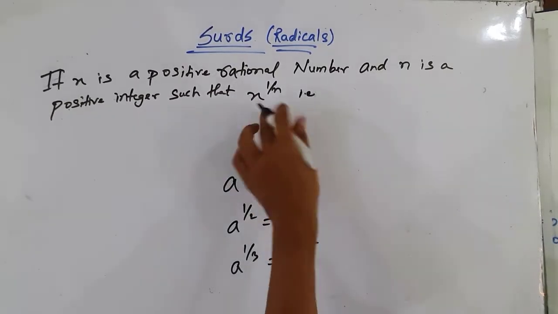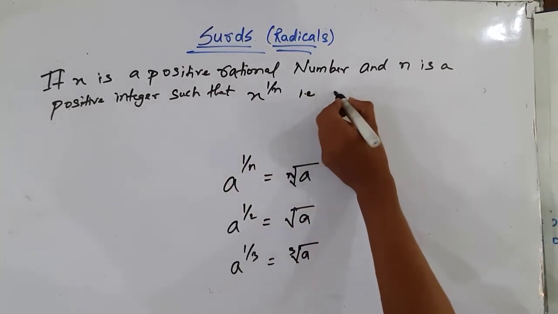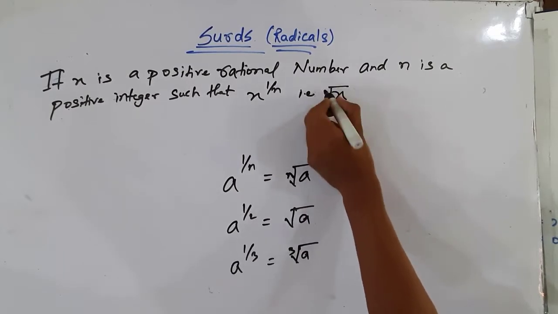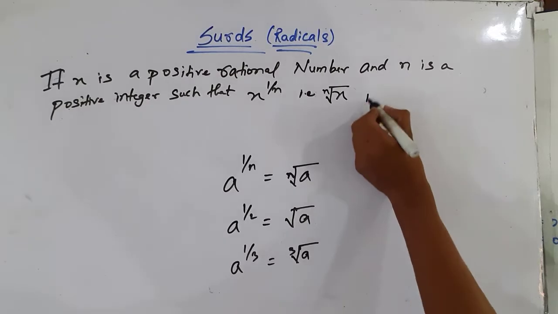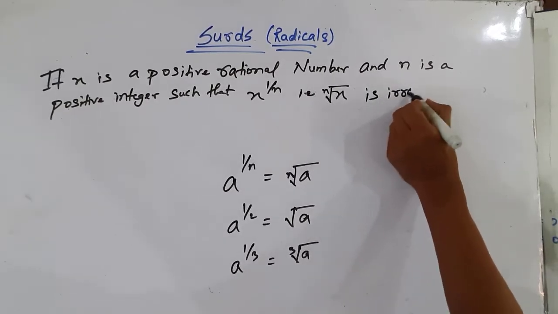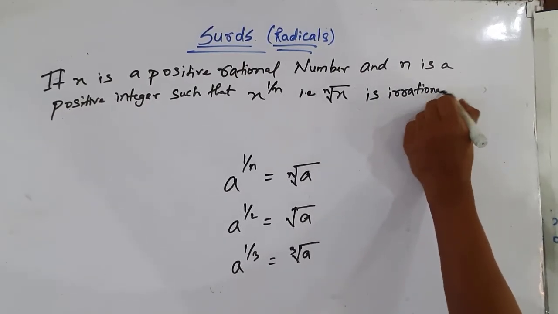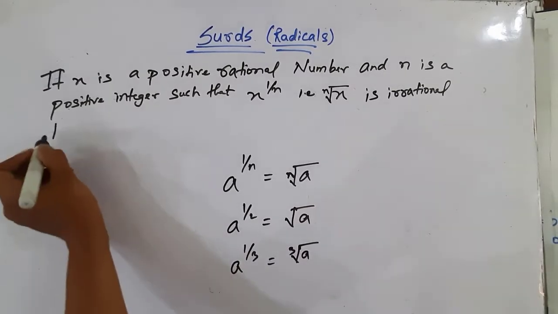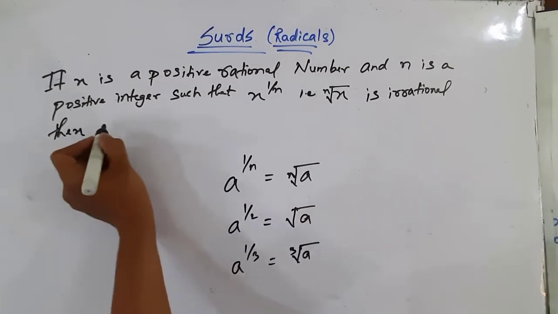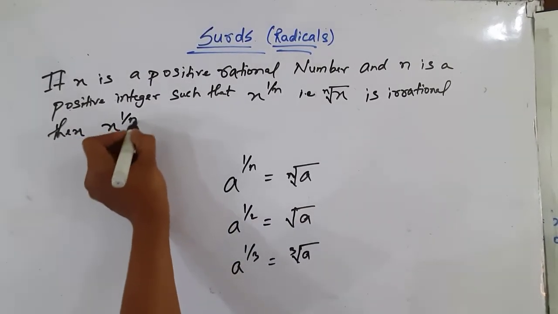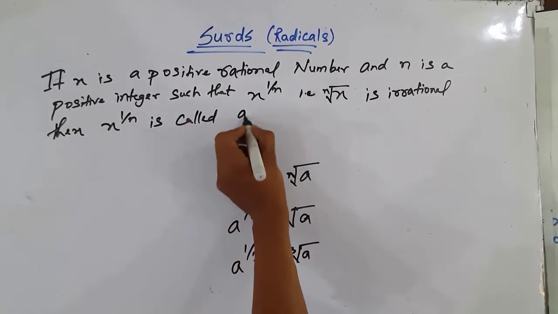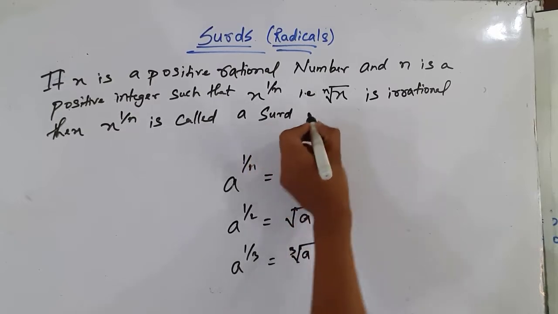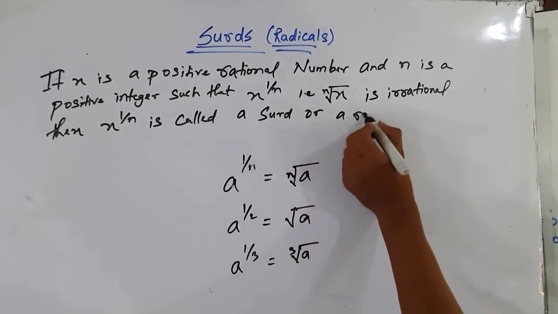So similarly, x to the power 1 upon n can be written as the nth root of x, and if it is irrational, then x to the power 1 upon n is called a surd or a radical.